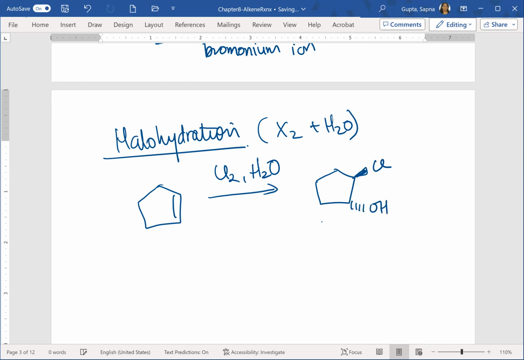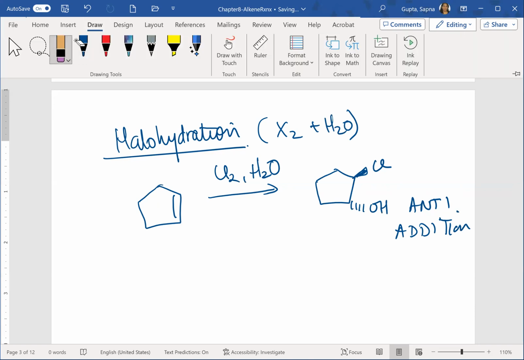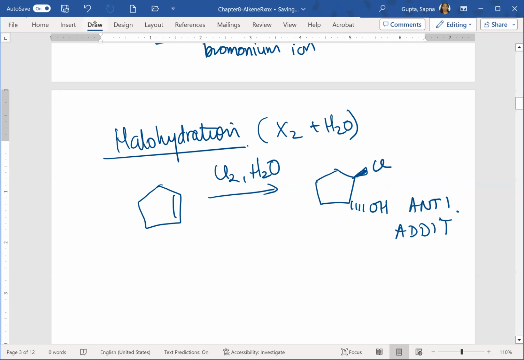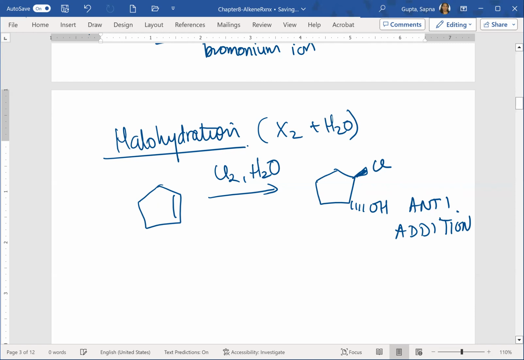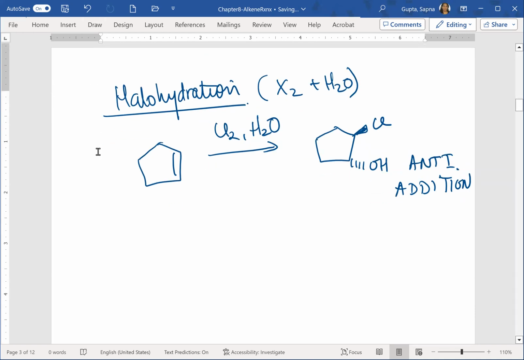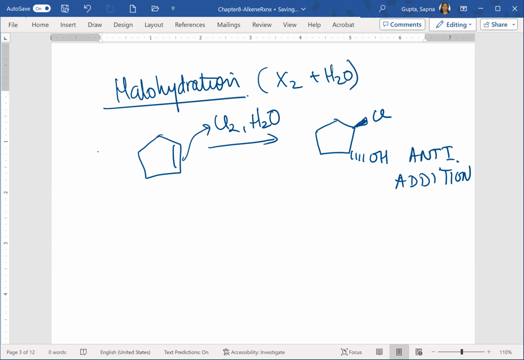So this is also anti-addition. Okay, how does this work? Similarly, as it did to the other one.